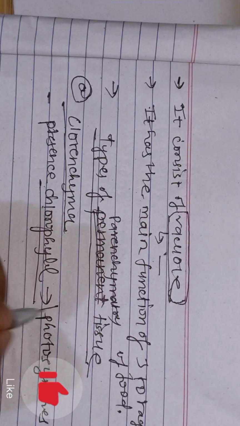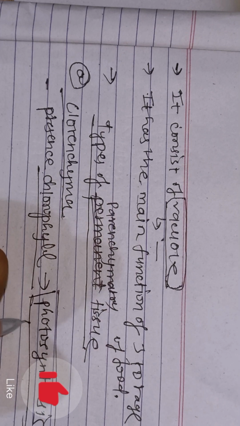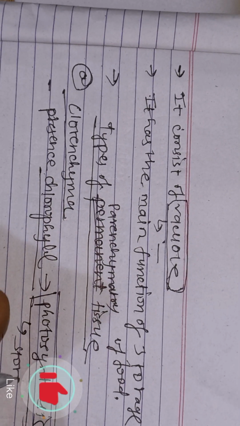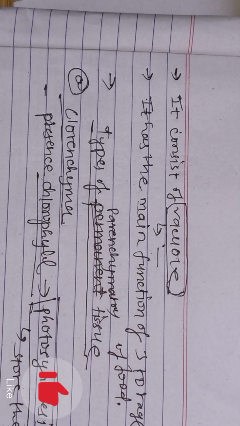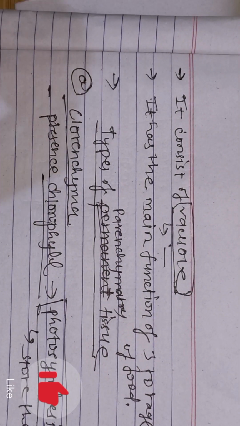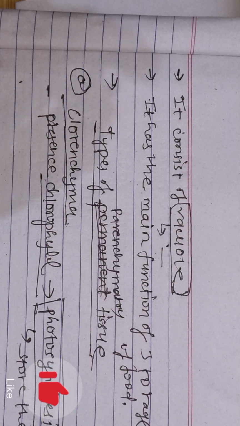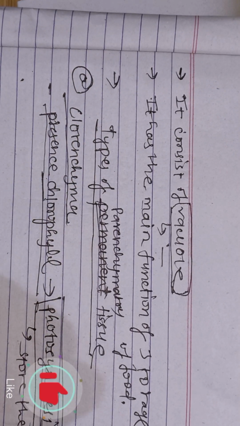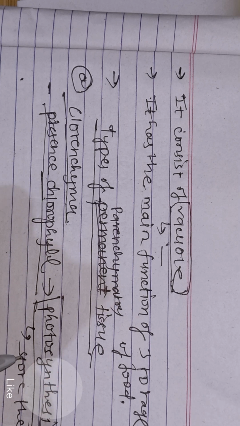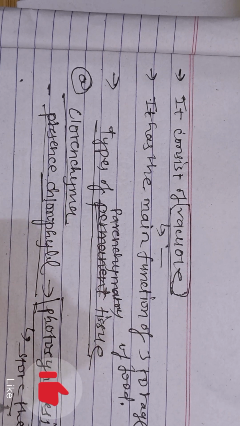And if it is preparing the food, of course it will also store the food. So, having chlorophyll, its major function is photosynthesis, and it even stores food in a small amount.